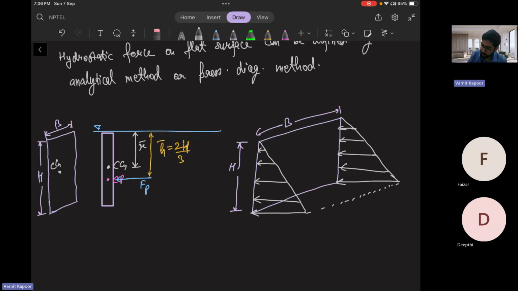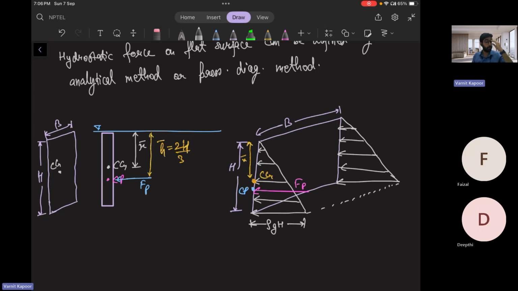This is your center of gravity position, CG, at X bar. CP, again, you know that. This is your CP, and the pressure force is acting. And this value is how much? Rho G capital H. The maximum pressure is at the bottom of the plate.